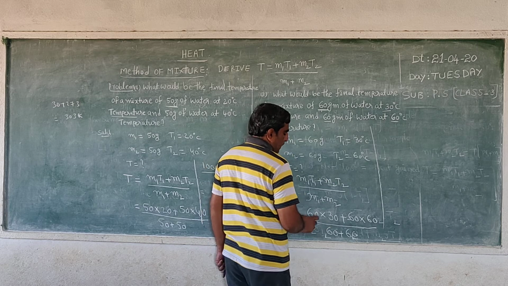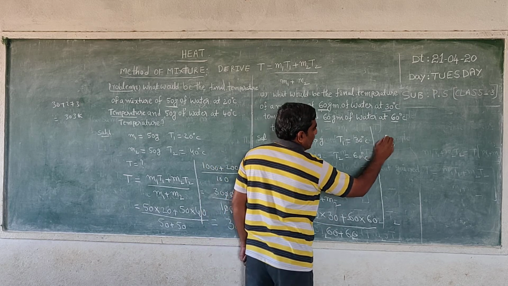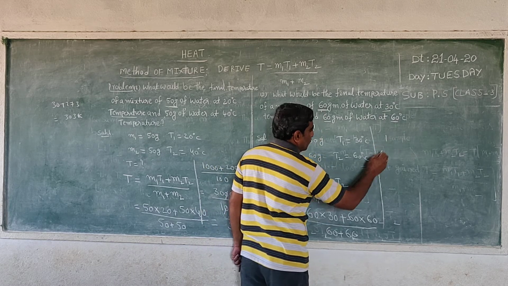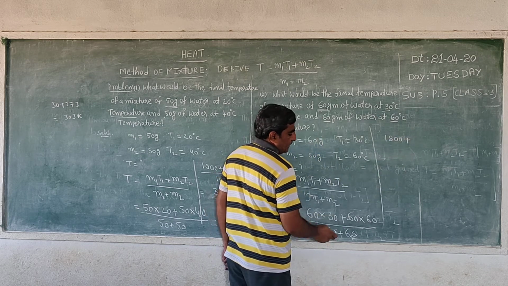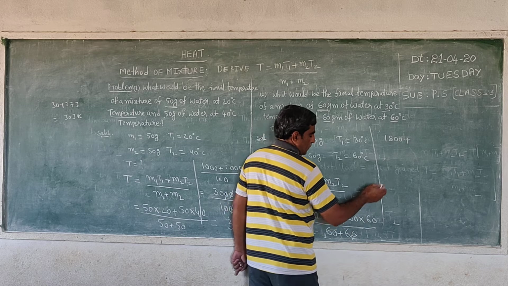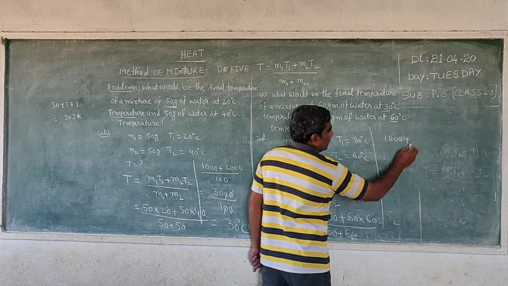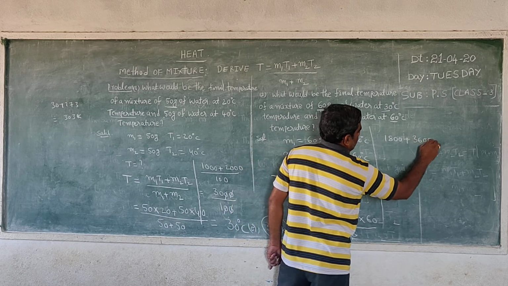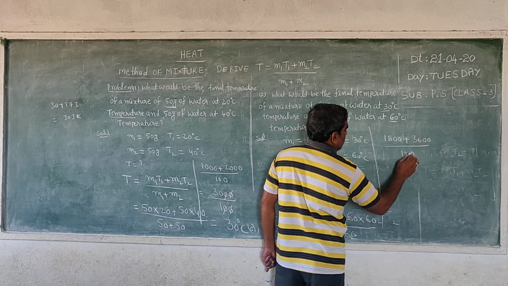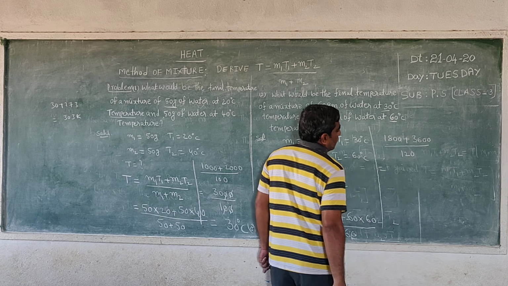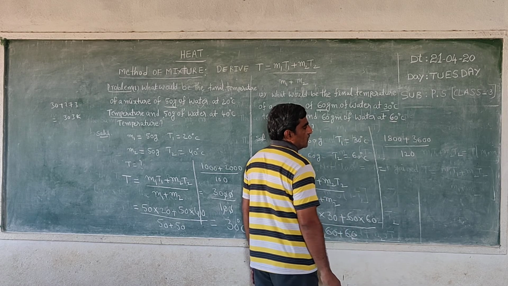So 60 into 30 is 1800, and 60 into 60 is 3600, by 60 plus 60, 120. That is equal to 1800 plus 3600.